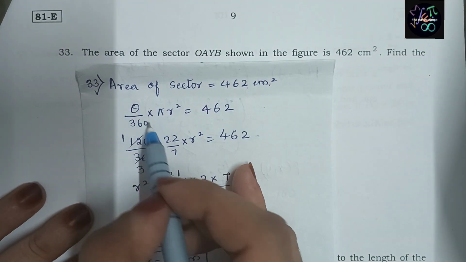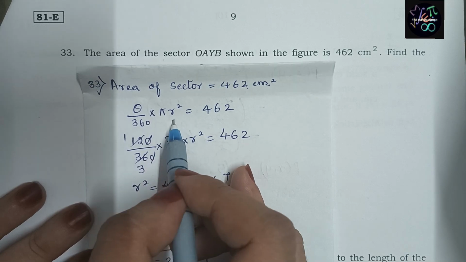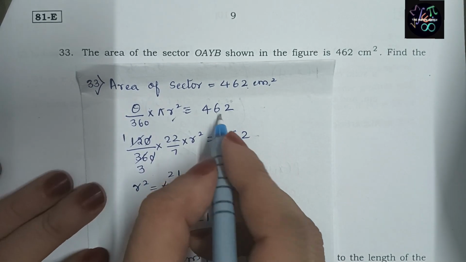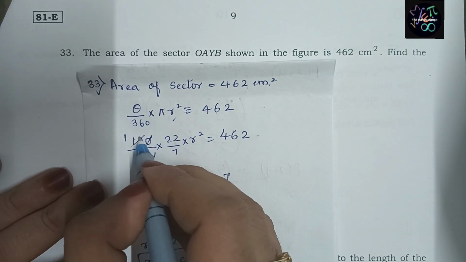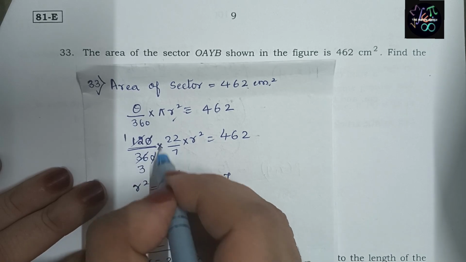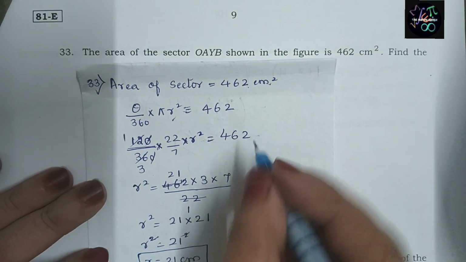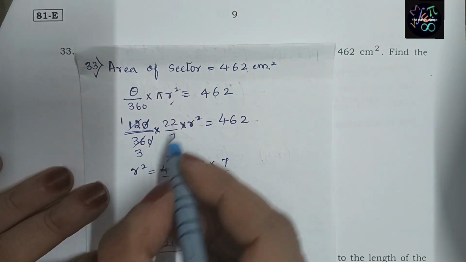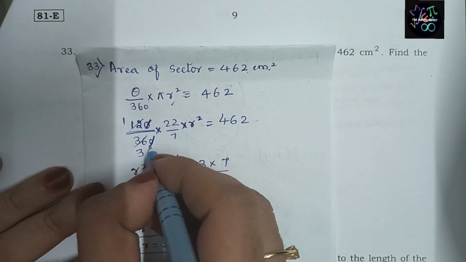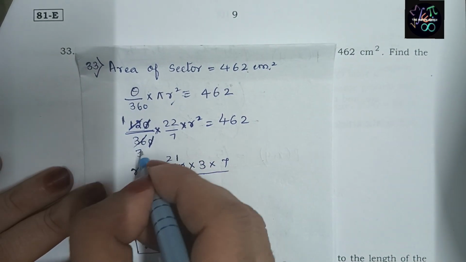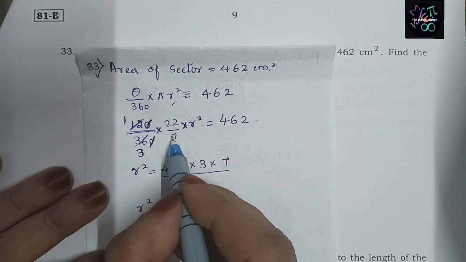We know area of sector formula, theta upon 360 into pi r square is equals to 462. It is given, theta 120 upon 360, pi is 22 by 7, r square as it is, we don't know r, 462. Zeros get cancelled, 12 1s are 12, 12 3s are 36. Now this divide will become multiply.